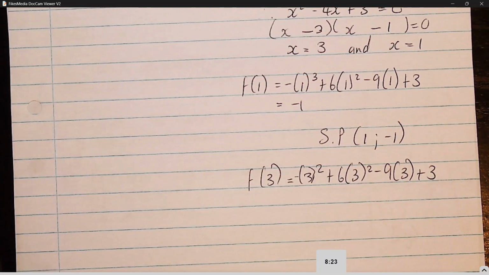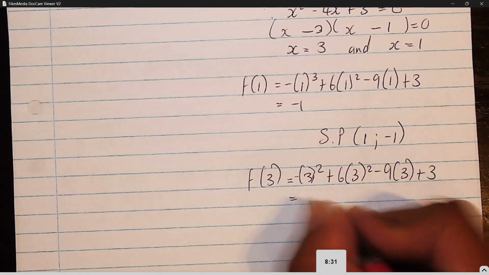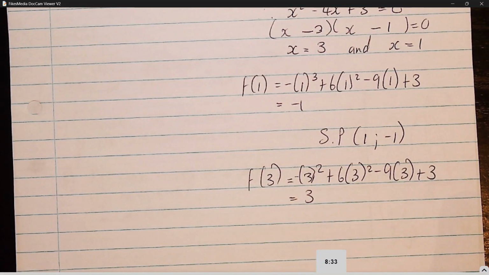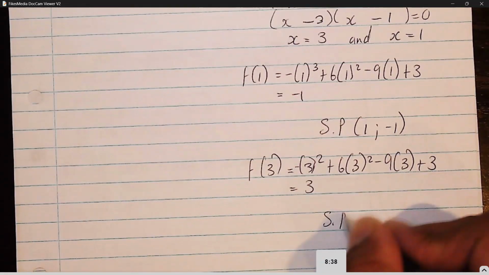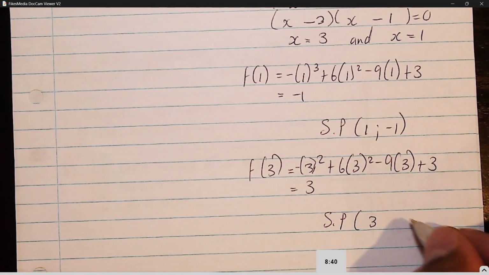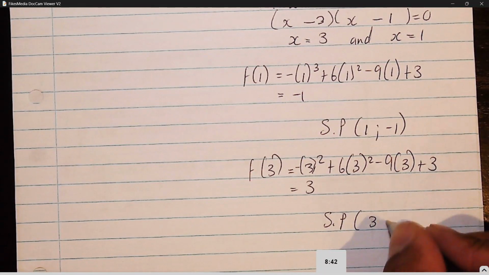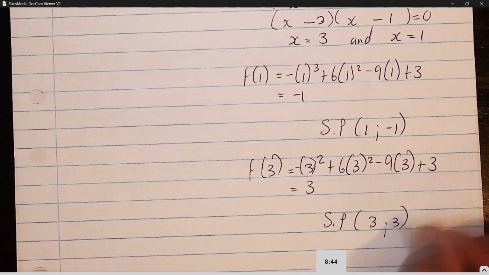Then this is going to give us a final answer of 3, right? So when x is 3, y is equal to 3.